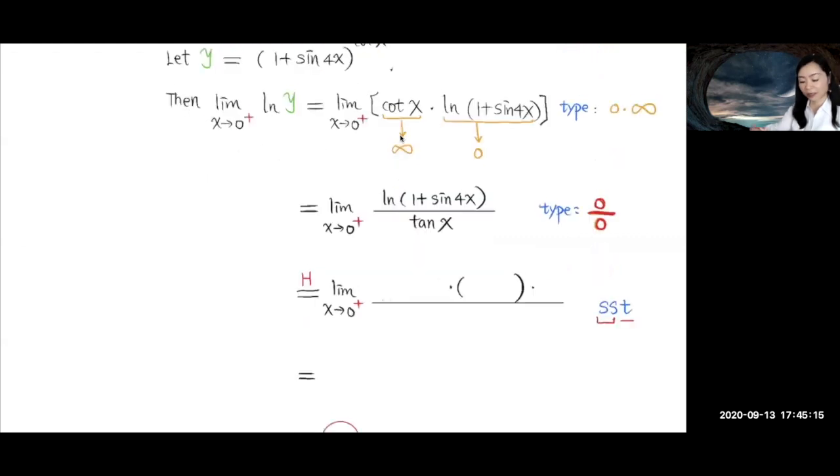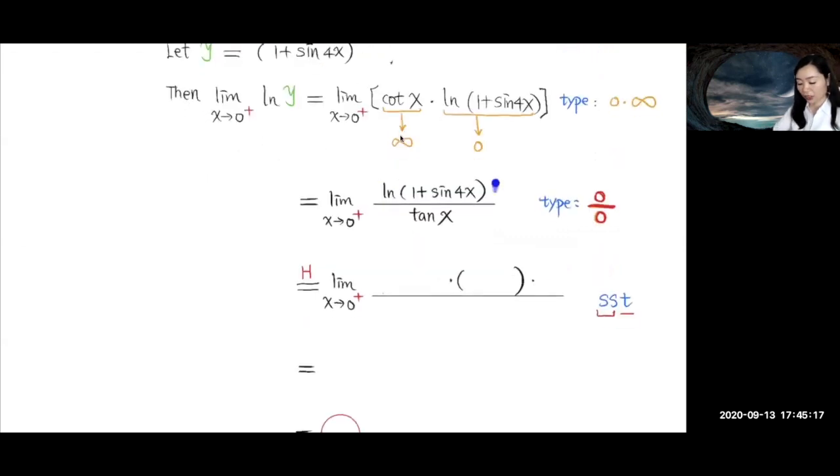Okay. So we're going to differentiate this numerator. The outer function is ln of u. The derivative of ln of u with respect to u is 1 over u. So it's going to have 1 over this 1 plus sine of 4x over here, times the derivative of this inner function, which is going to be cosine of 4x, and then times the derivative of this innermost function, which is going to be 4 over here.